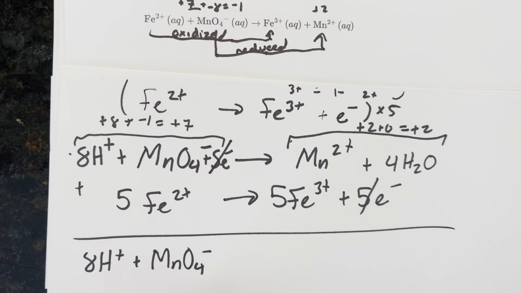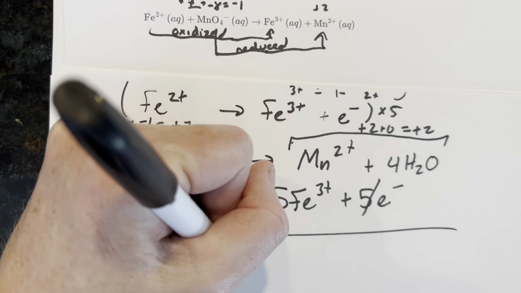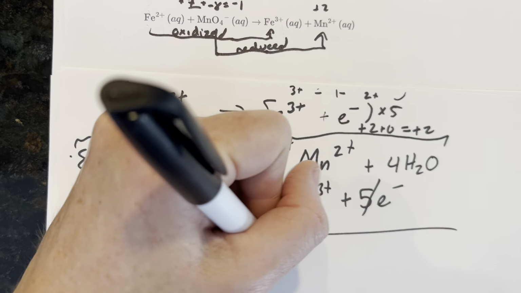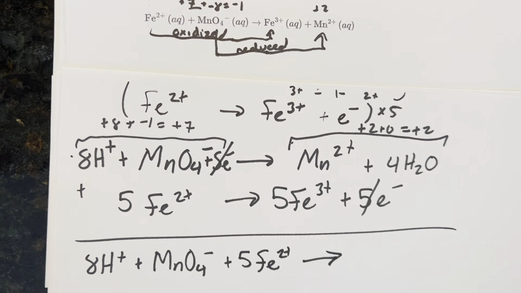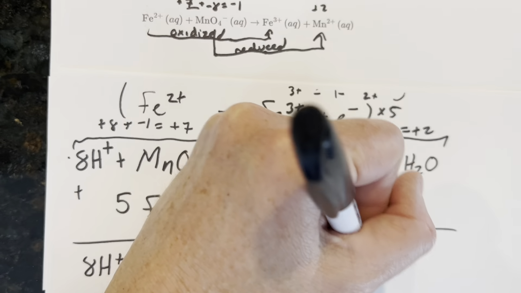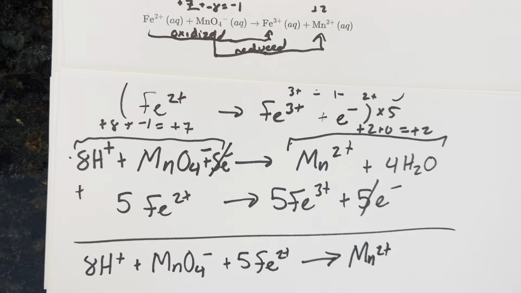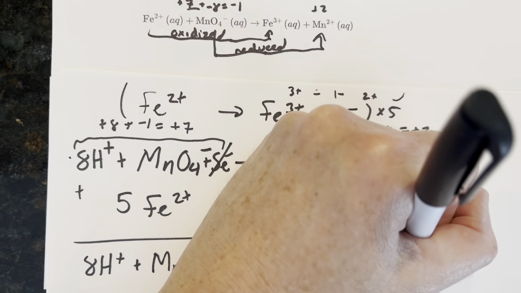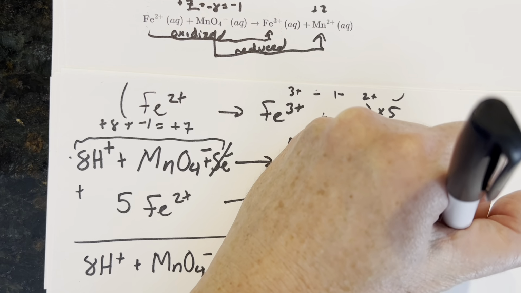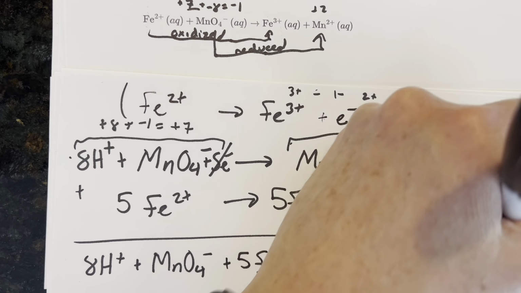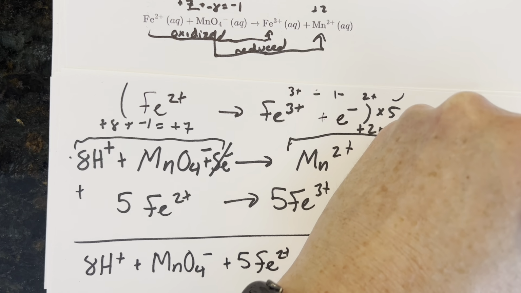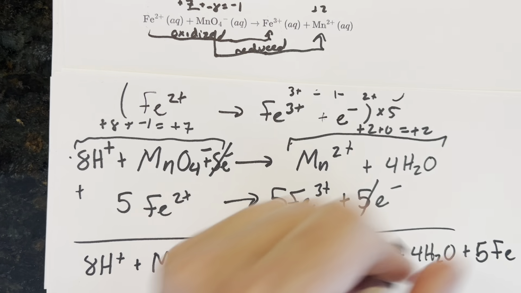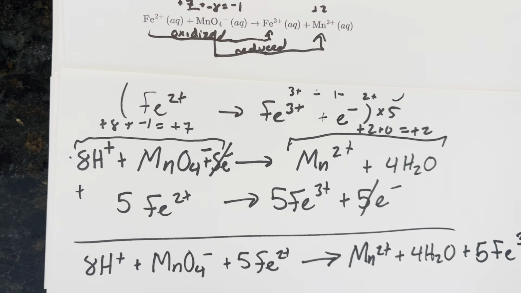If they don't cancel, something went wrong. Plus 5 Fe2+. And now we can get to the product side. Over here we have Mn2+, 4 waters, plus 5 Fe3+. Cool.